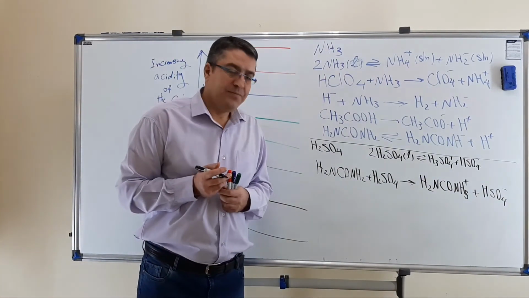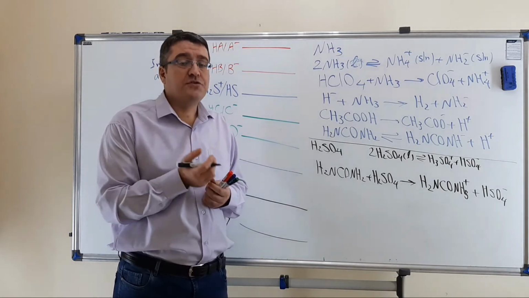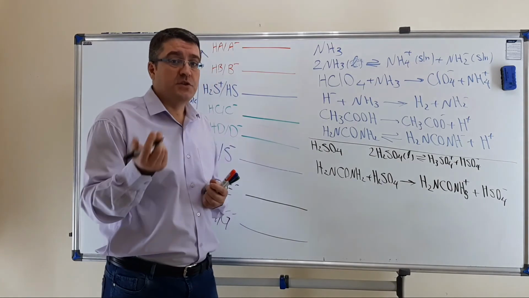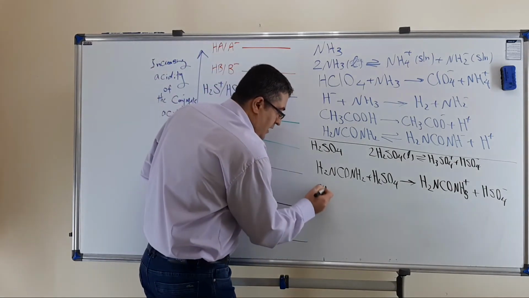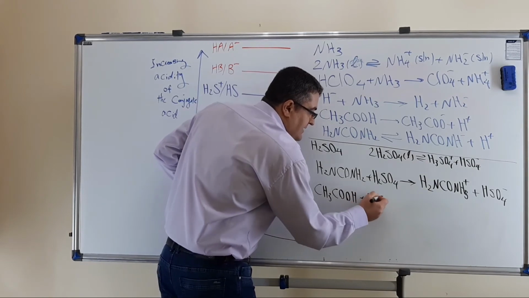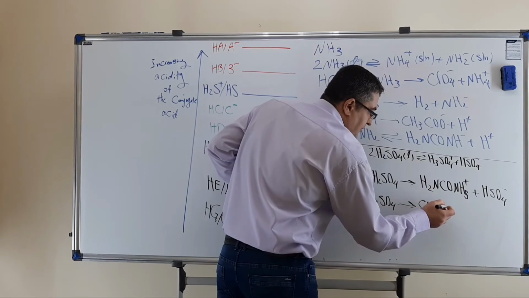Acetic acid is a weak acid in aqueous solutions, but it becomes a strong base in sulfuric acid. Its base dissociation reaction in sulfuric acid is complete.